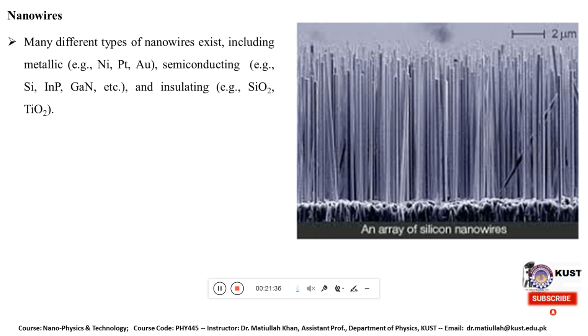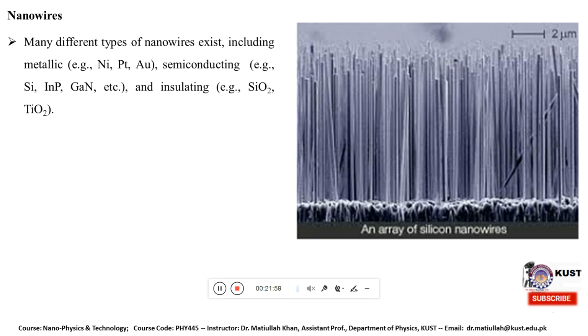We have different types of nanowires for different materials, especially metallic ones like nickel, platinum and gold. For semiconductors, nanowire morphology is also found, for silicon, indium nitride, gallium nitride and so on.